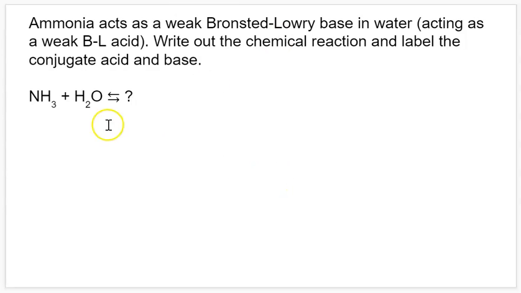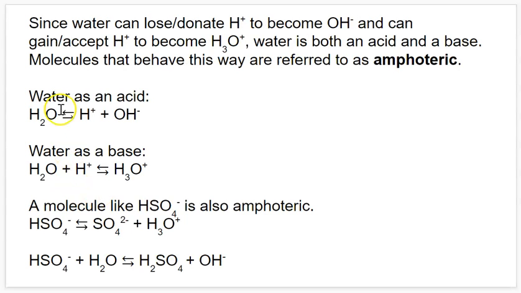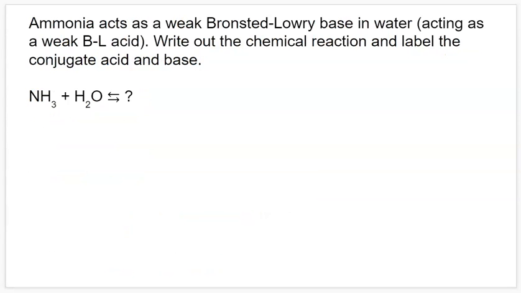And in that case, that means that the water is going to act as the acid. So the water is going to give up one of its hydrogens. So we know that when water gives up a hydrogen, it becomes H plus and OH minus. And since the ammonia in this case is going to be gaining a hydrogen ion, we're going to add that hydrogen ion to the NH3 molecule.